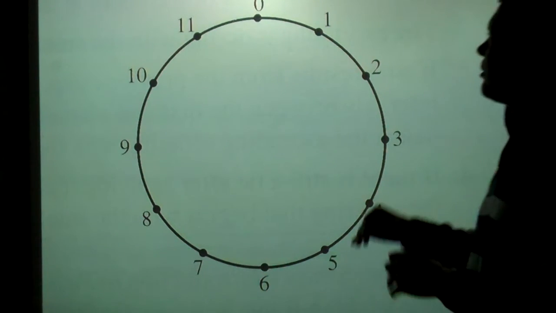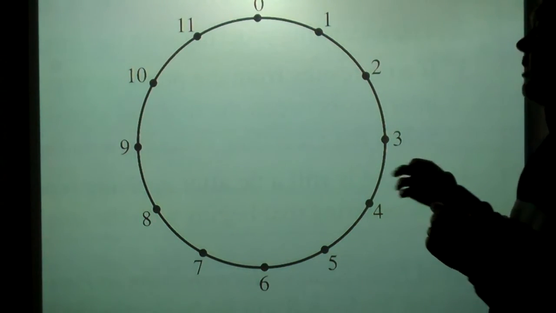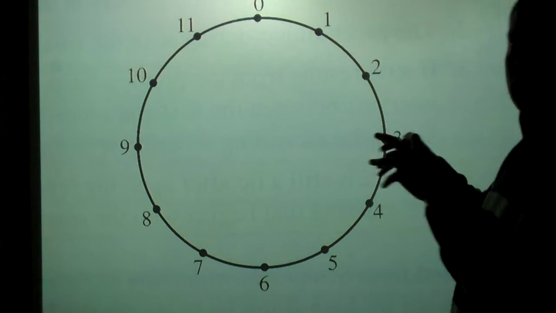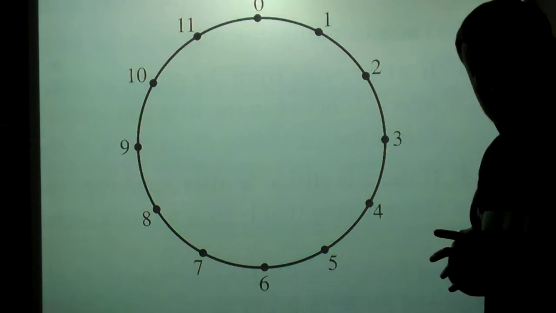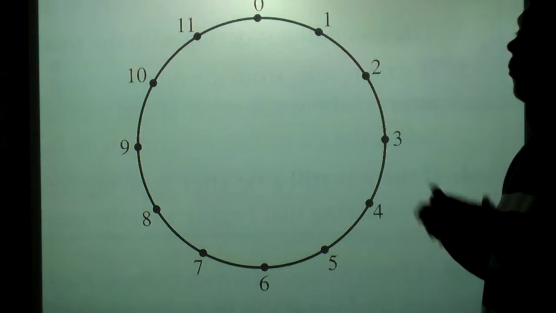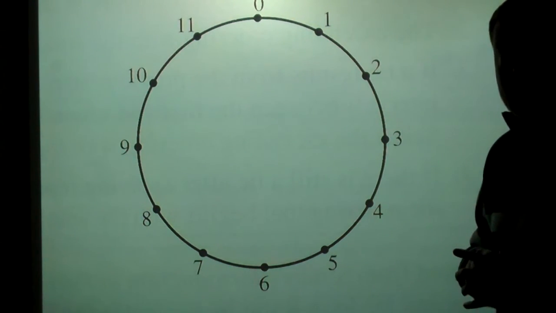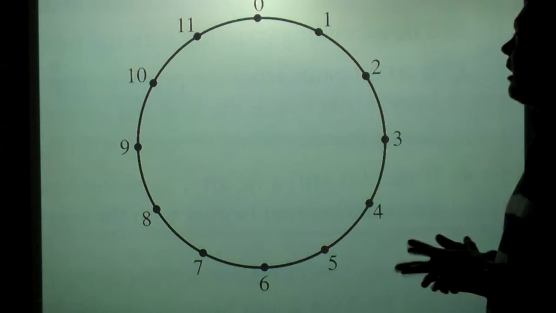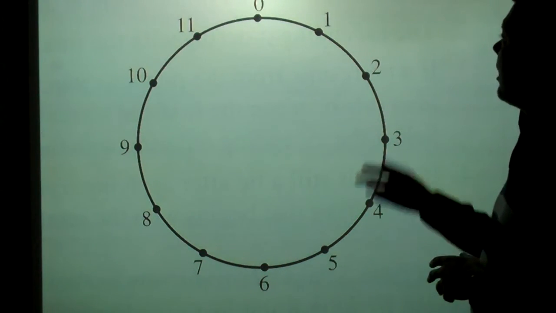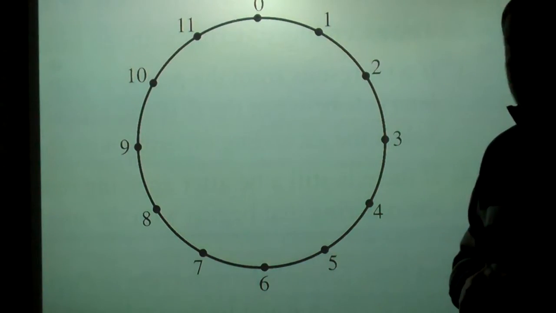So when you add and subtract integers and get numbers that are larger than 11, you subtract 12 from your answer, as many times as you need to, until you get a final answer between 0 and 11.